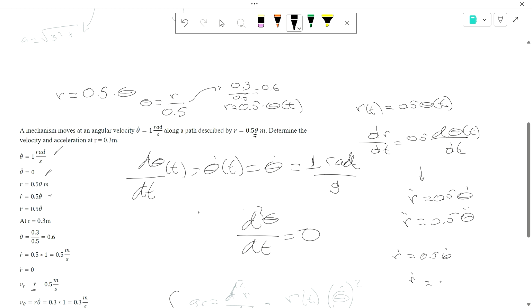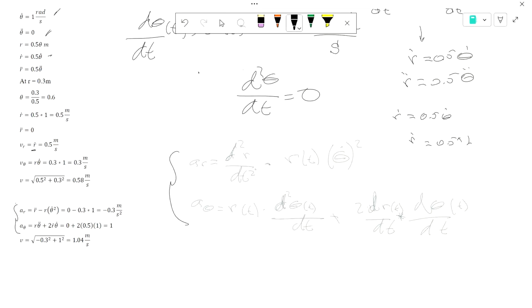So r dot is equal to 0.5 times 1. You can use all your values and just plug them into these equations. You have r, which is 0.3, given in the problem, and theta dot is 1. And the same for the acceleration. You just plug all the values into these expressions, and you can get your velocity and your acceleration.